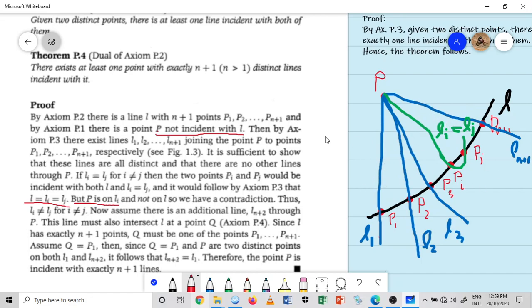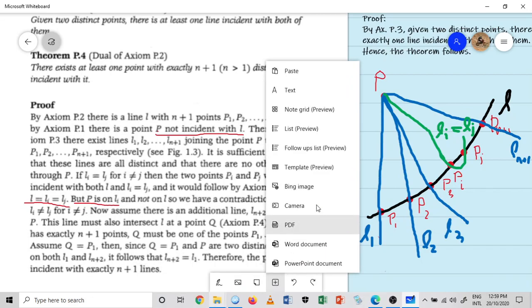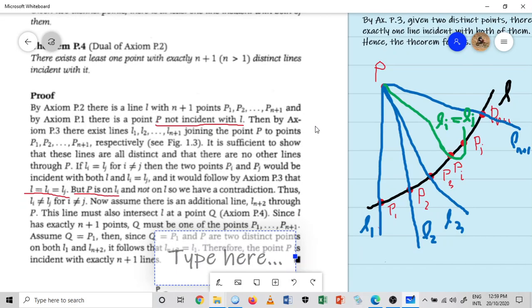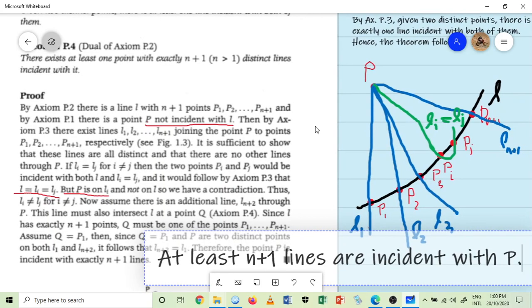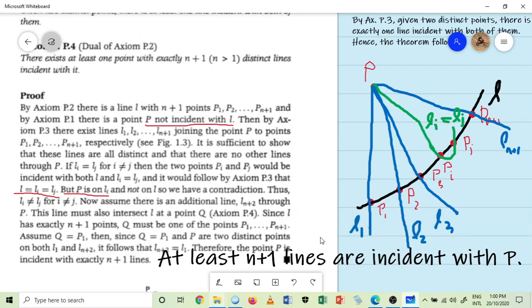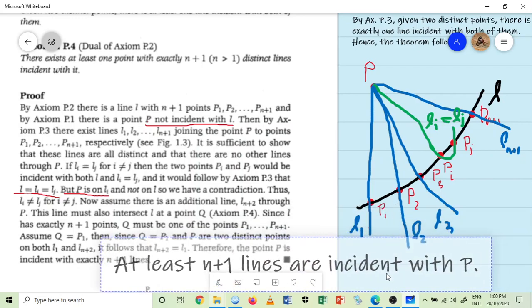So we can safely say at this point that at least N plus 1 lines are incident with P. Okay, this point.